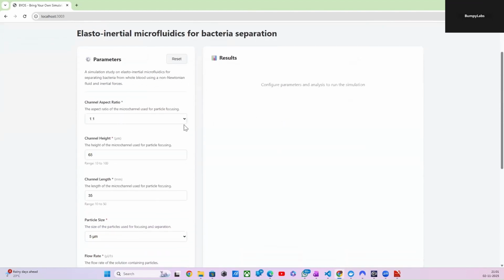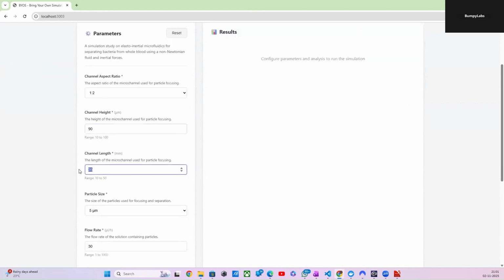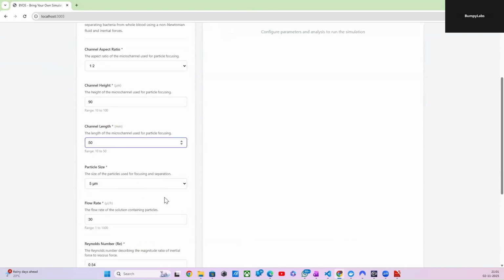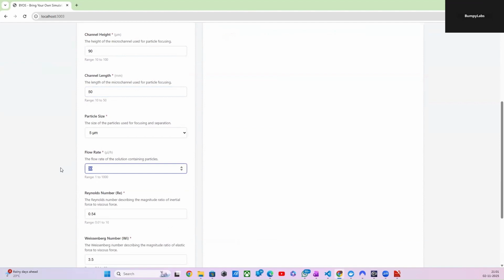These are the parameters that have been extracted, and the previous run that we had customized a different set of parameters. That is an advantage, and it also shows that in the library you can configure multiple simulations in different ways. So this is where we are defining the height, then the length of the microchannel, then the particle size, which we'll keep as 5 micrometers. And we have some flow rate.